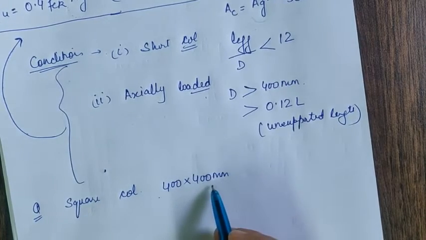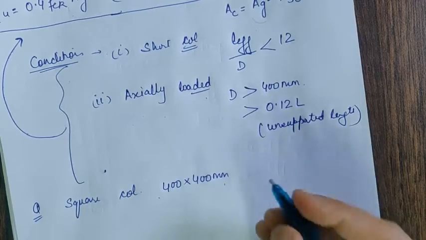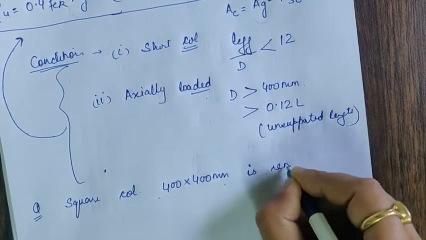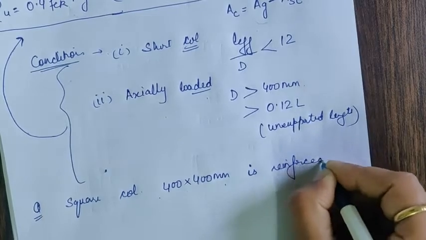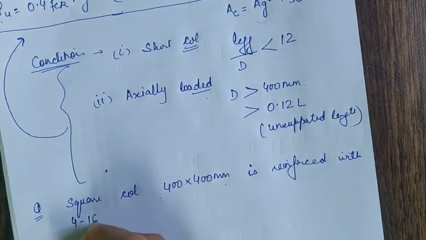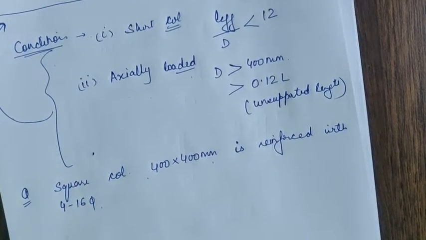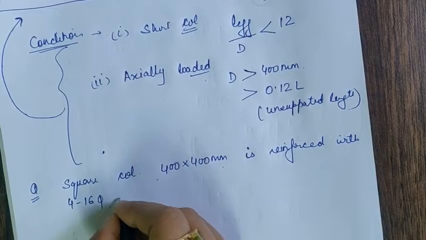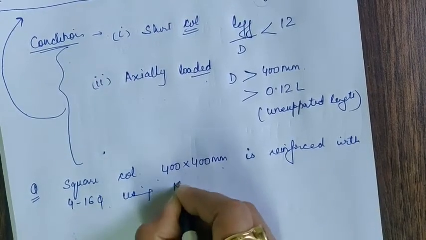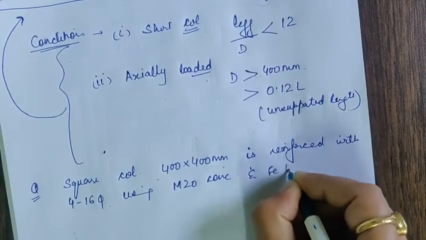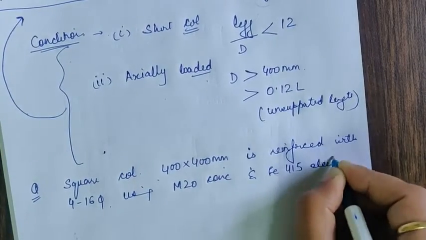The square column, 400 by 400 millimeters, is reinforced with 4 bars of 16 mm dia, using M20 concrete and Fe415 steel.